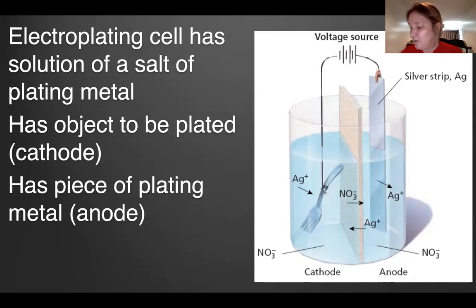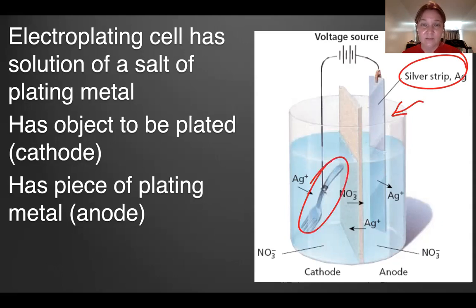So in this example, we have the silver strip here at the anode, and we have our aluminum fork that we're going to use as the cathode, so that the silver from the silver metal is oxidized. So on this side, we have silver forming the silver ion plus an electron.